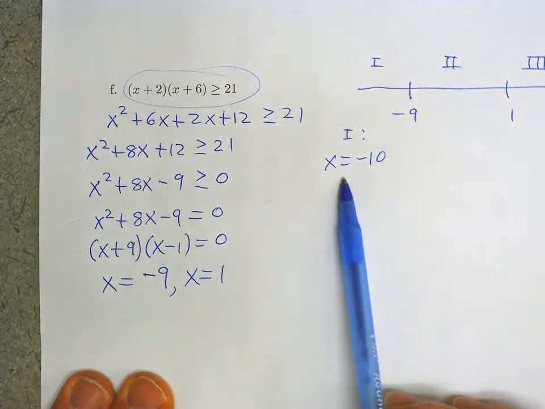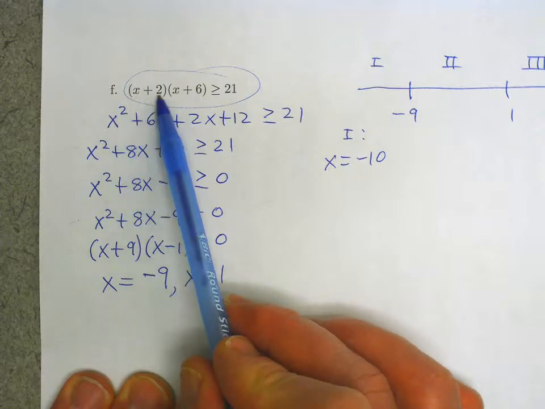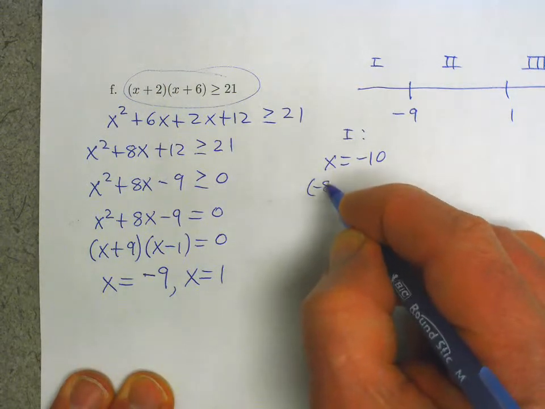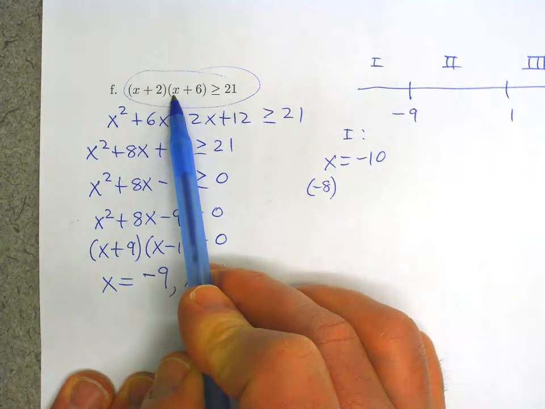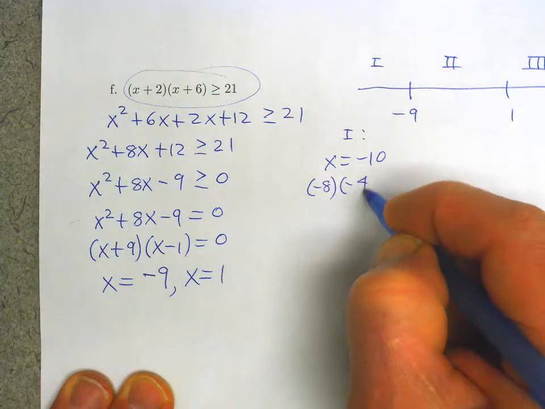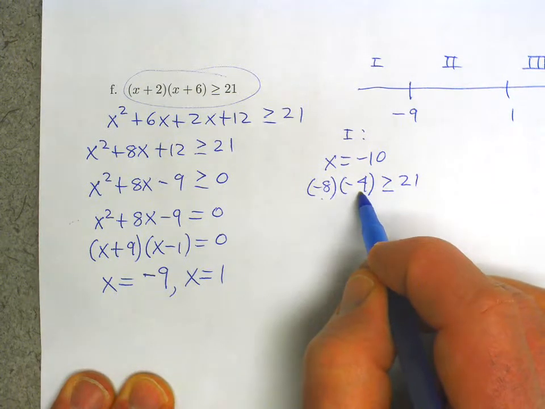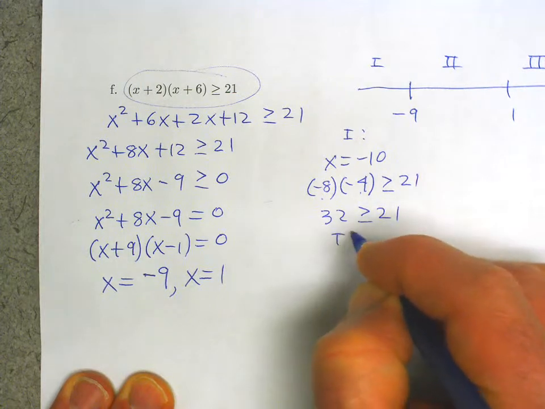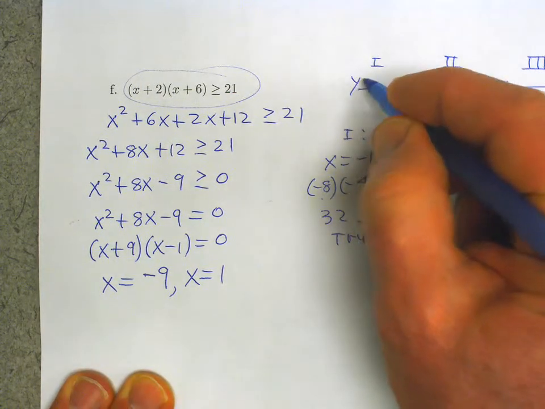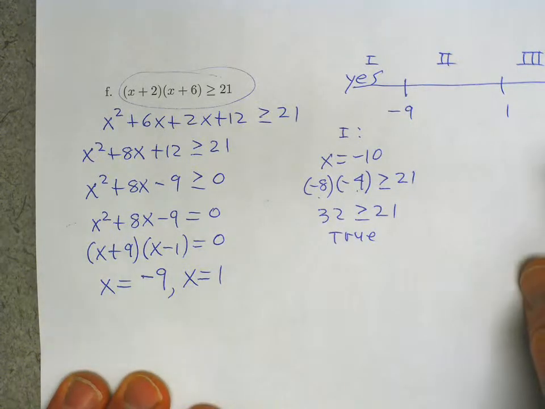That looks like it's going to work out pretty nicely. If you replace this x with -10, -10 plus 2 is -8. Replace this x with -10, -10 plus 6 is -4. And -8 times -4 is 32, and 32 greater than or equal to 21 is true. So all of the numbers from -infinity to -9 are solutions.